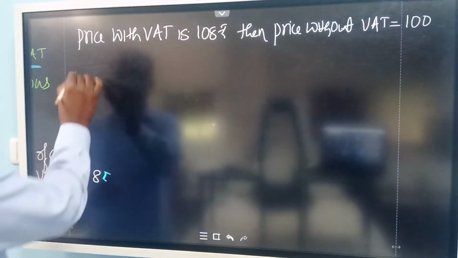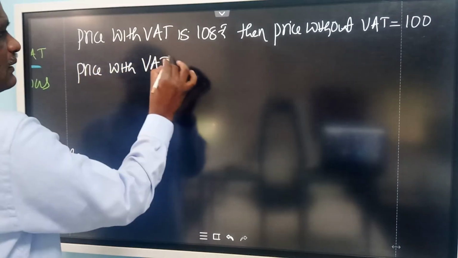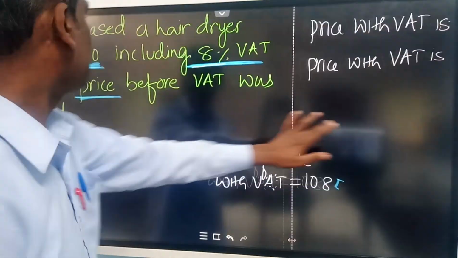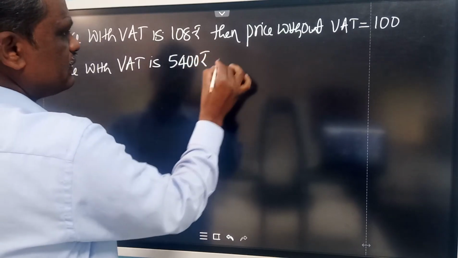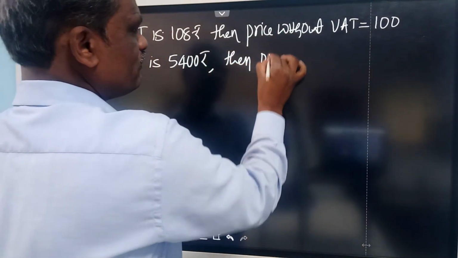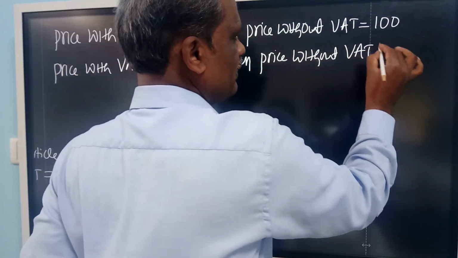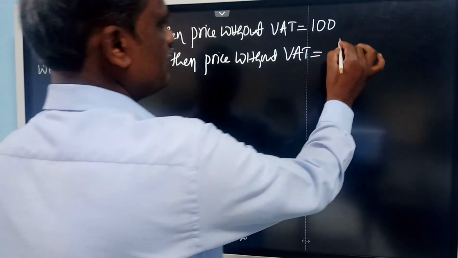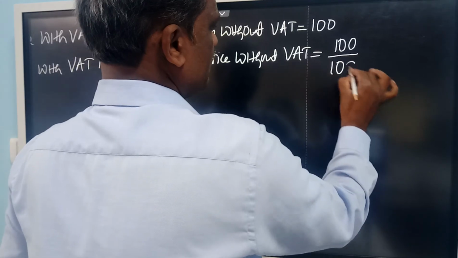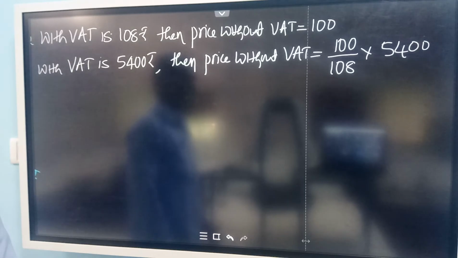Now price with VAT, that is given, is rupees 5,400. Then we have to find the price without VAT. You can do this by the unitary method: 100 divided by 108 into 5,400.